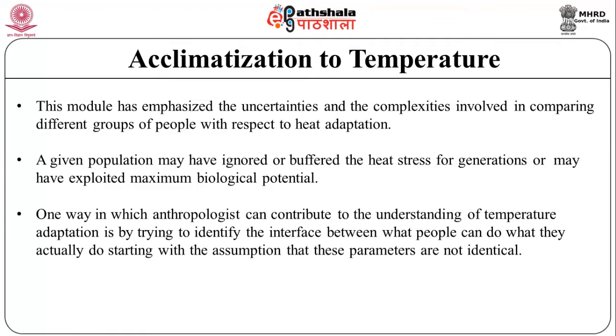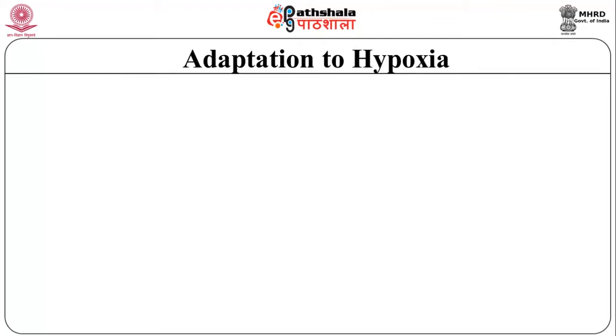The one way in which anthropologists can contribute to the understanding of temperature adaptation is by trying to identify the interface between what people can do and what they actually do, starting with the assumption that these parameters are not identical. Now, the next aspect is how populations adapt to hypoxic conditions.